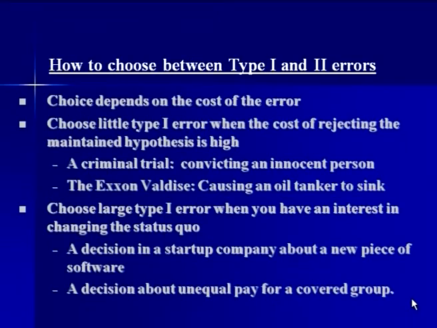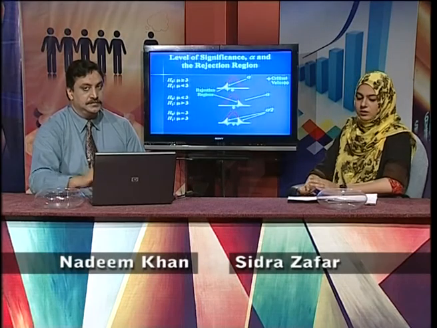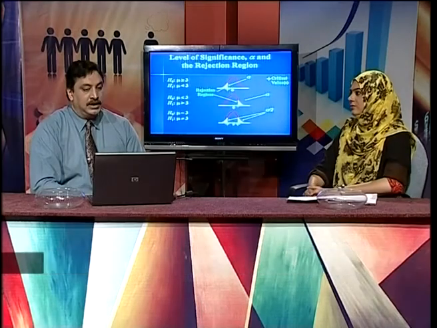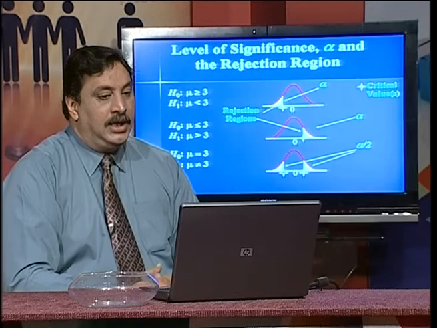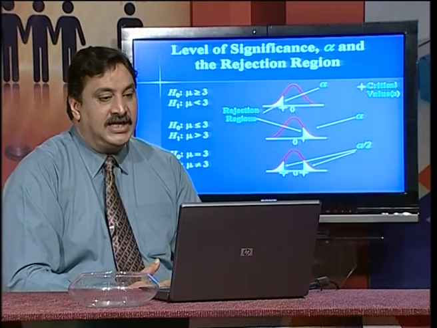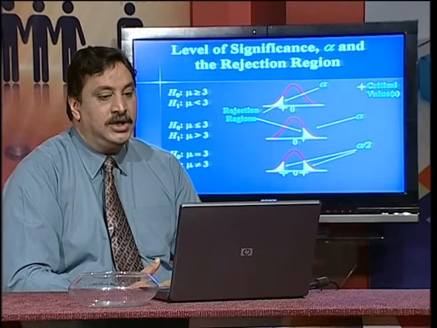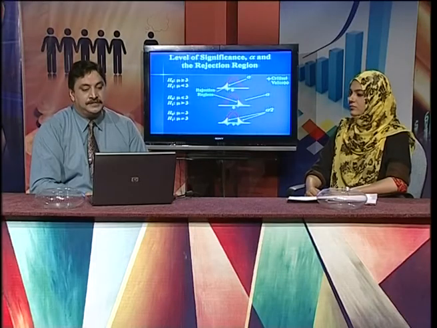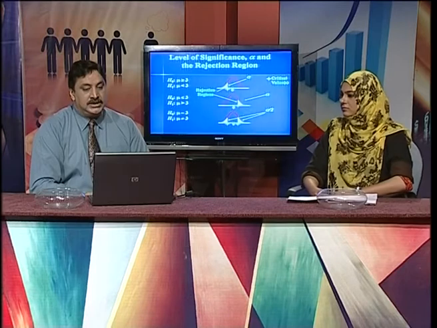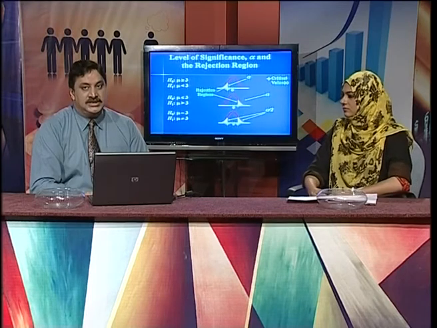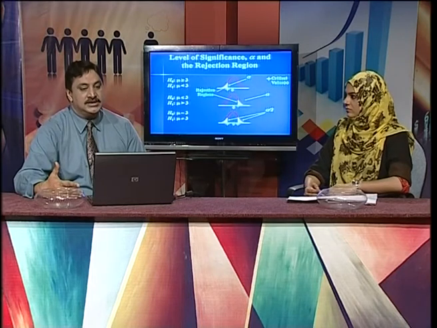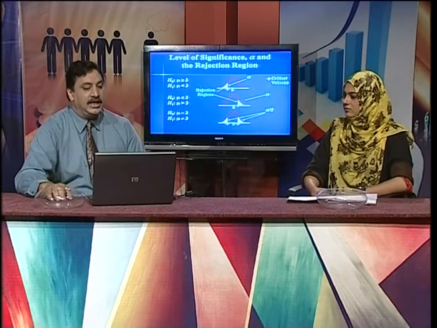Wrong decision, exactly. And sir, how do we relate hypothesis to acceptance or rejection regions? After the level of significance alpha, we draw the normal distribution curve. We earlier studied the normal distribution curve. Yes, sir. And if our hypothesis is in less than or greater than form, this is generally known as the one-tail test.